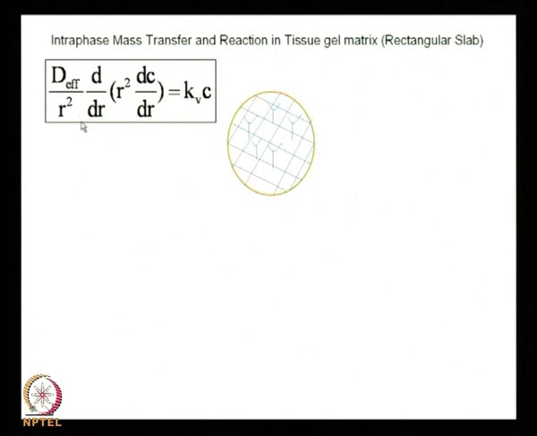The basic assumption here is that this is symmetric. If it is non-symmetric, for a spherical substance, can you write a 2D model for a non-symmetric sphere?